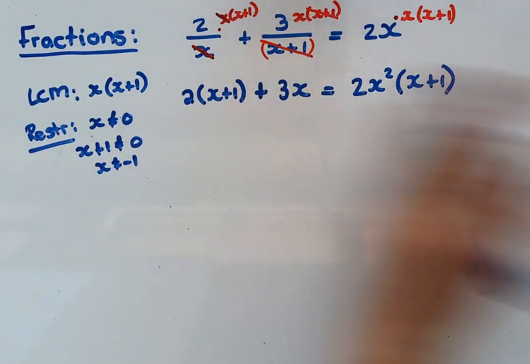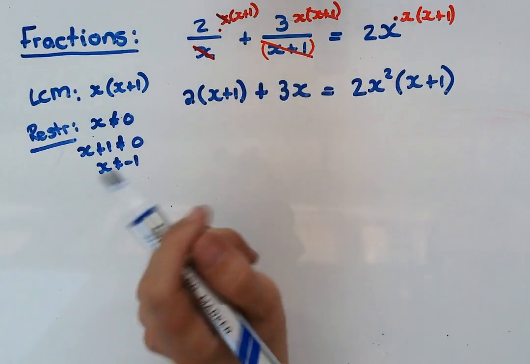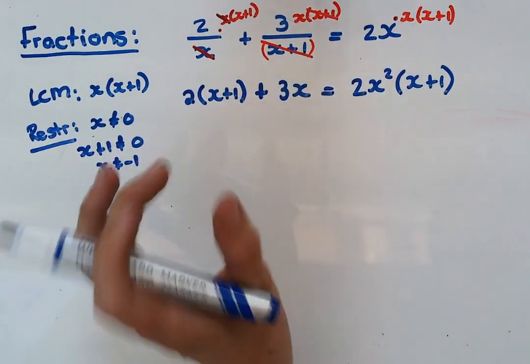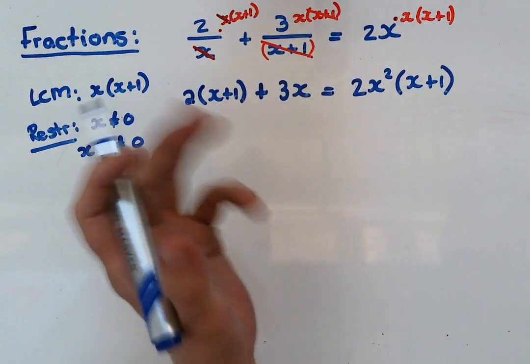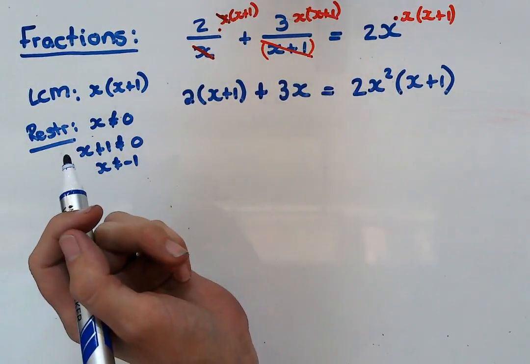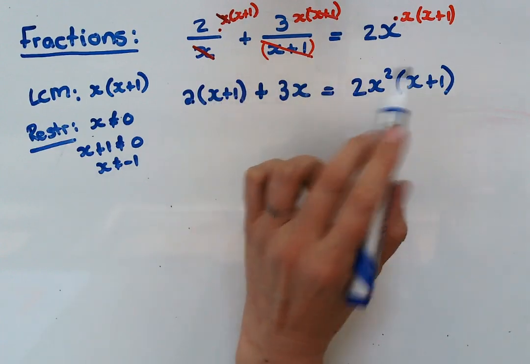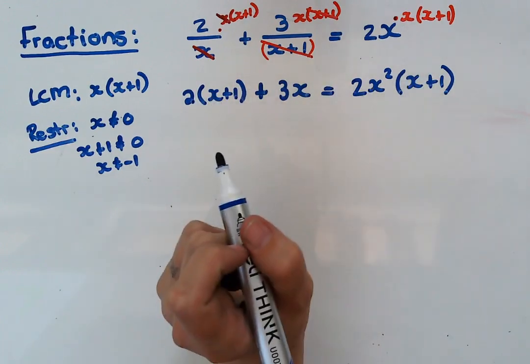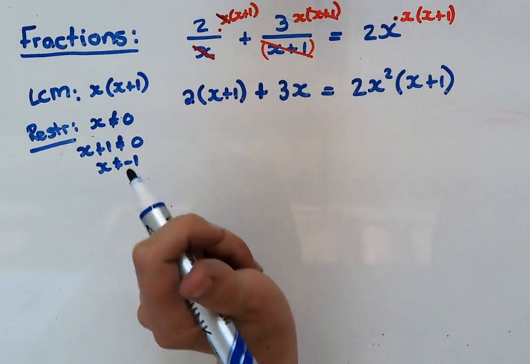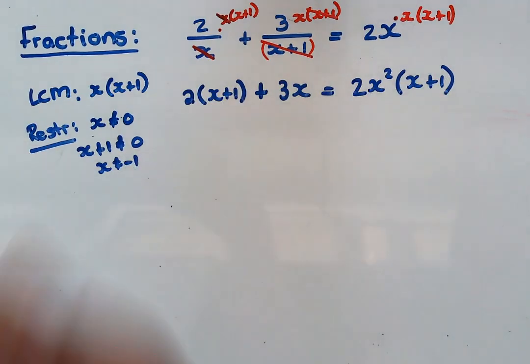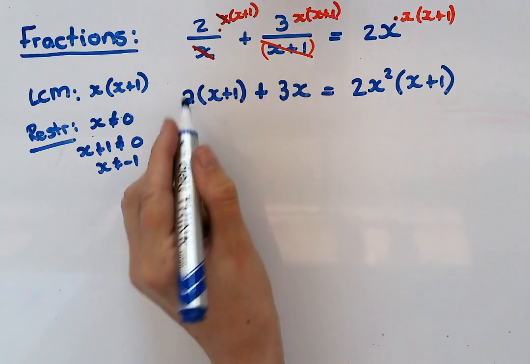Right. And after this, the rest of the equation is stuff that you should be comfortable with from now on, or this is not stuff that should scare you, right? I'm going to multiply in brackets, which is something that you should be very comfortable doing. Then I'm going to check, is this linear, is this quadratic? And remember, we talked about the different methods for solving linear and quadratic.